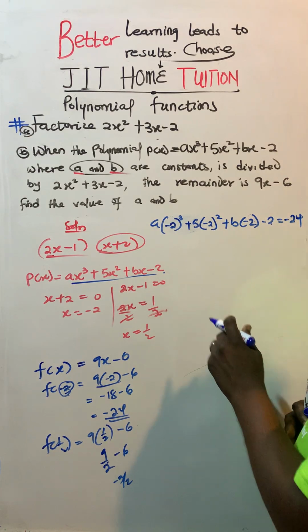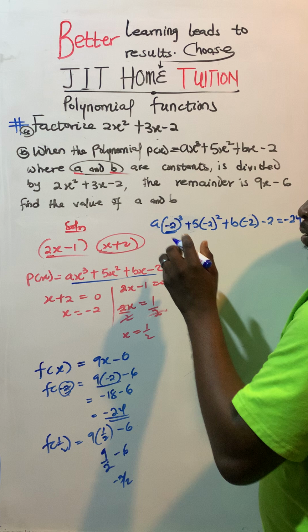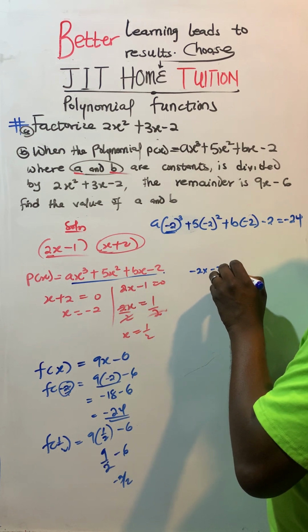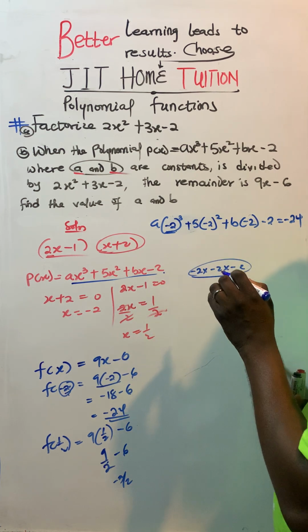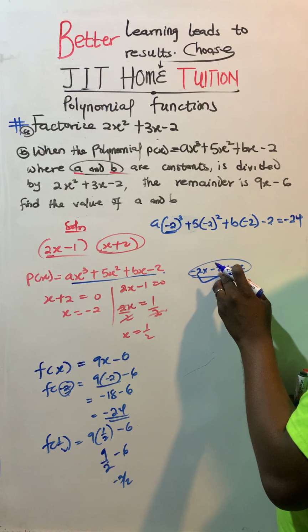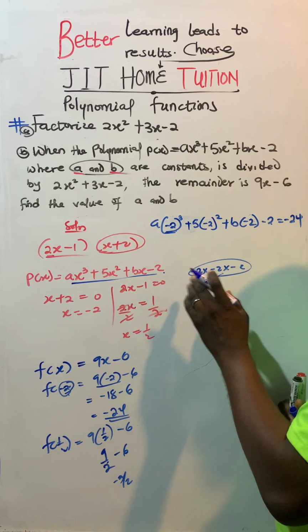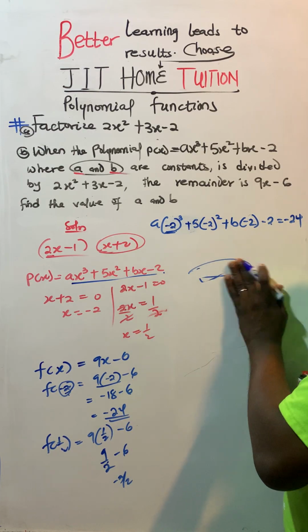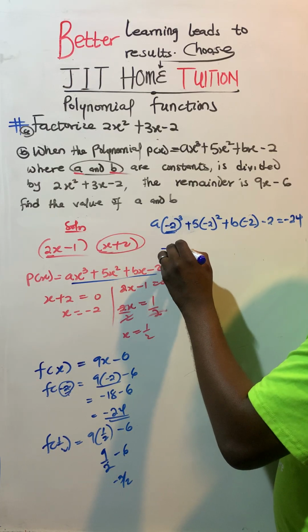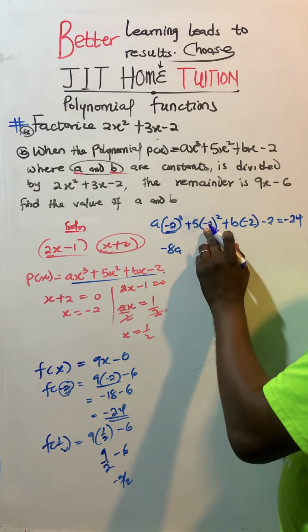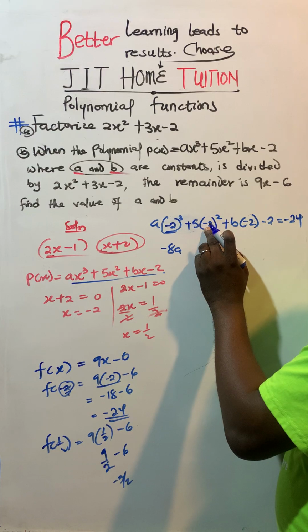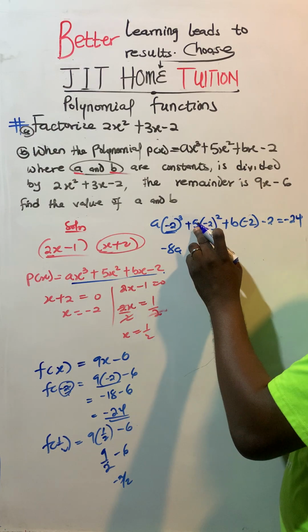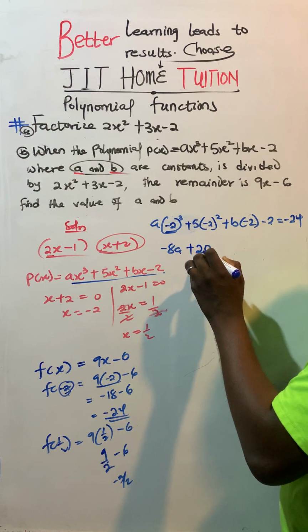-24. Now what you have here is -2 times -2 times -2, and that will give you -8. Positive, sorry, negative will give you positive, times this negative is -8. So that will give you -8a. Then this one, it will give you -2, which is what? 4 times this. So you have 20.